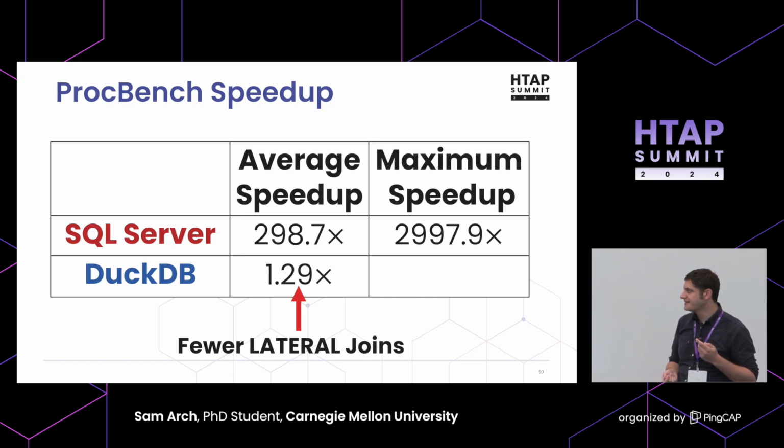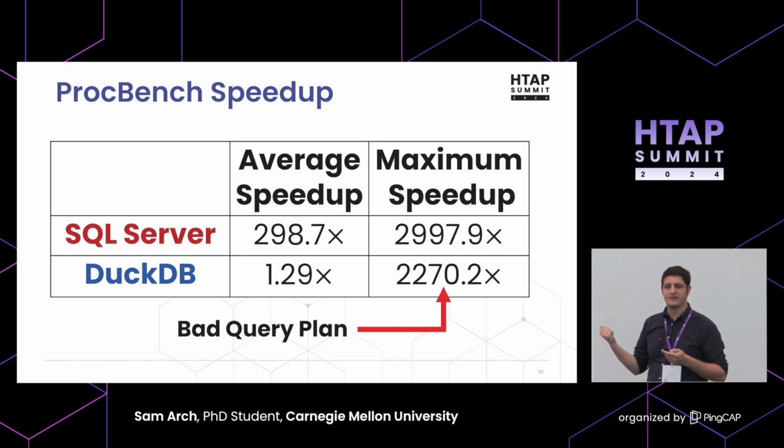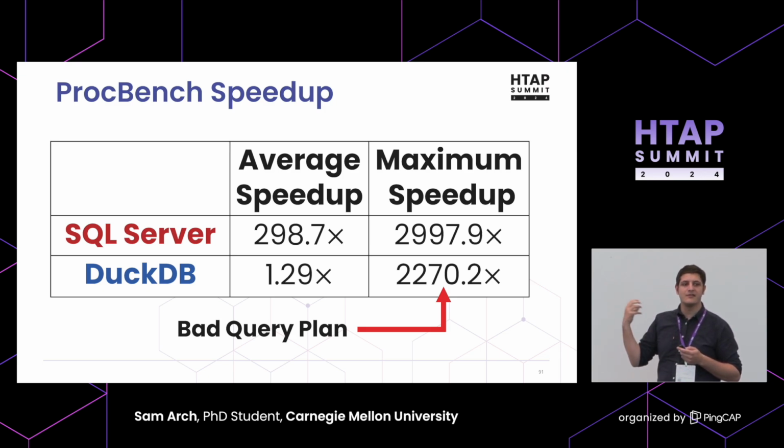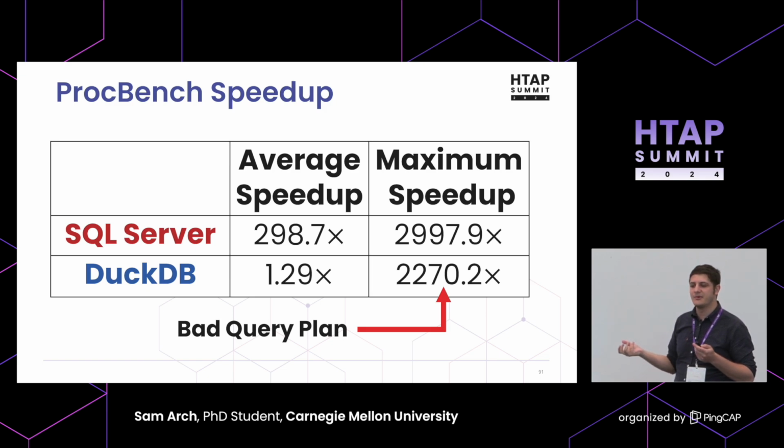And lastly, for the maximum speedup, there's this one query which is over 2,000 times faster to execute with Prism versus inlining the entire UDF. And the reason why is because even though DuckDB can unnest any arbitrary query, when you give it this very complicated query, it picks a very bad query plan.